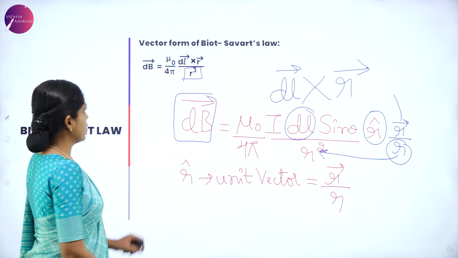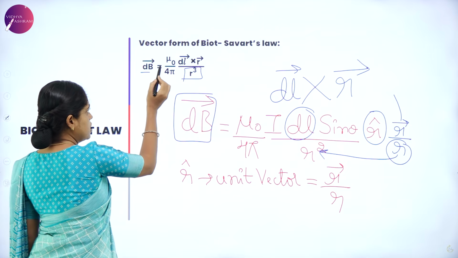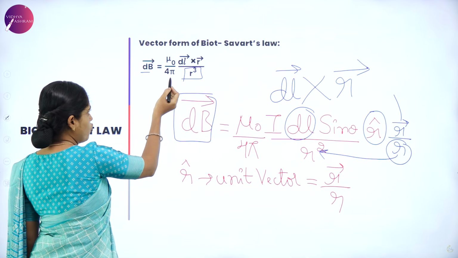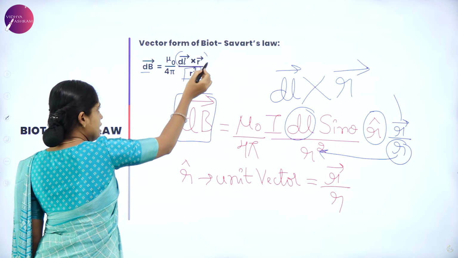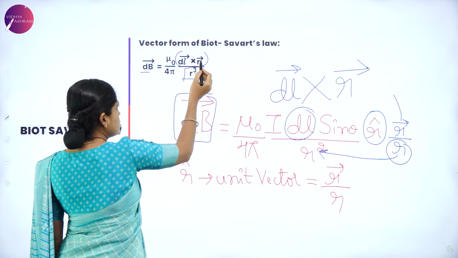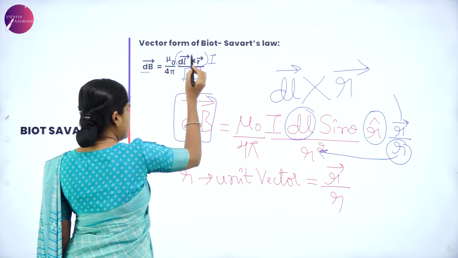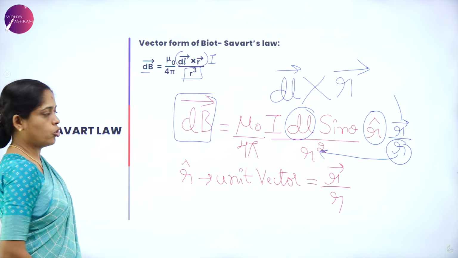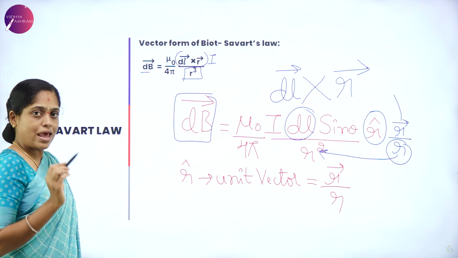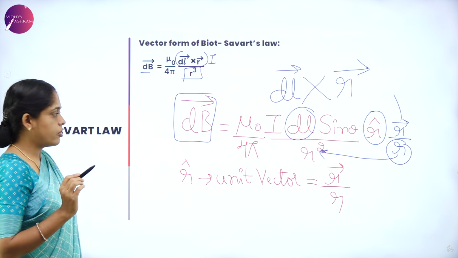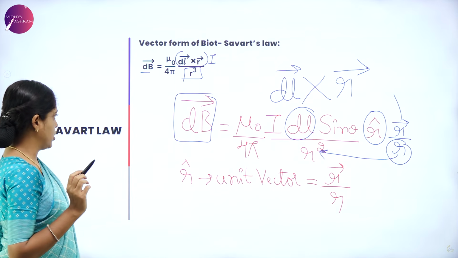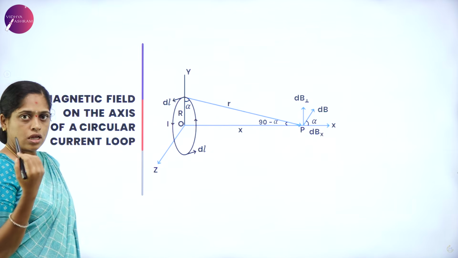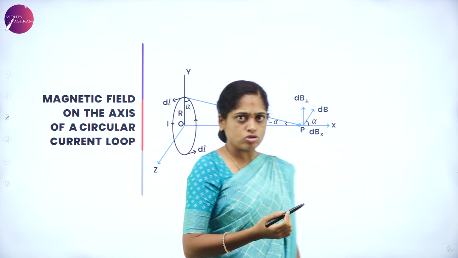Therefore, in vector form, dB is equal to mu naught by 4 pi of dl cross r, of I by r cube. So consider length as a vector quantity in this chapter. This is the vector form of Biot-Savart's law.